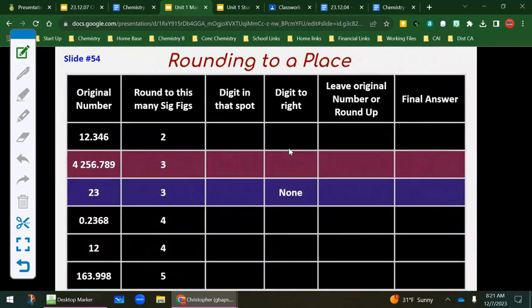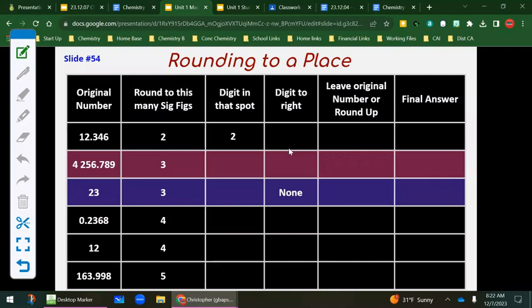Okay. So 12.346. We want to round this to 2 sig figs. Our rules say that's all we can show. What is the second sig fig in this number? What digit? The 2. This is the first sig fig. This is the second. Now, what's the only time when the first digit isn't going to be the first sig fig?